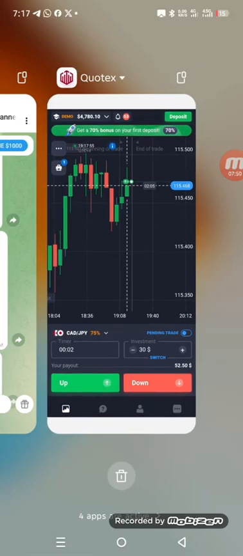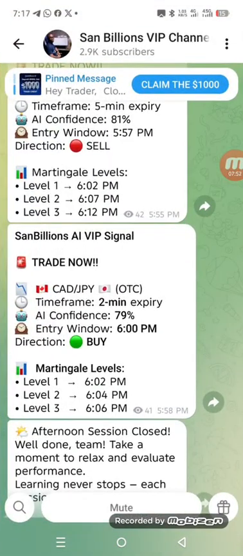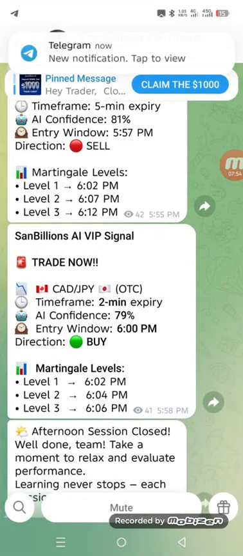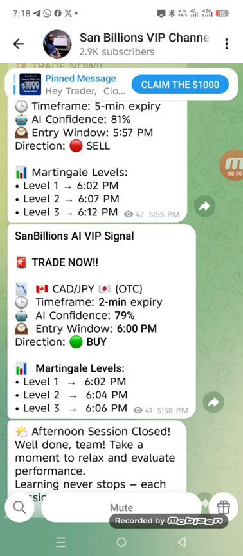But if you take the trade the first time and the trade enters for you, there is no need to apply this martingale level 1, level 2, level 3. This martingale level or strategy is like a backup for your trade. In case the first one you took does not enter, you now increase the money you are using to trade, and we enter the trade depending on the time that is stated for the trade.